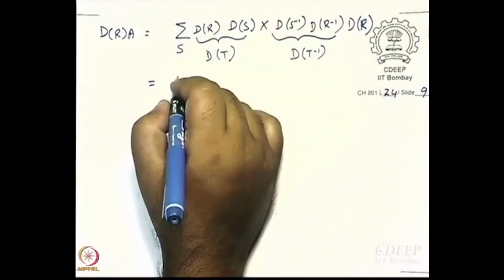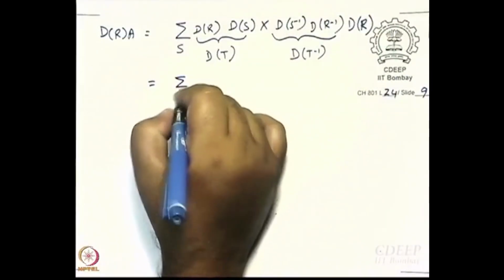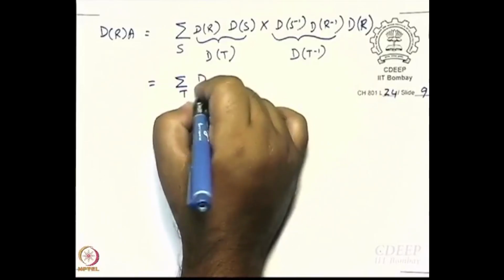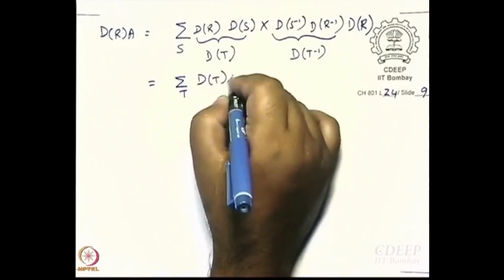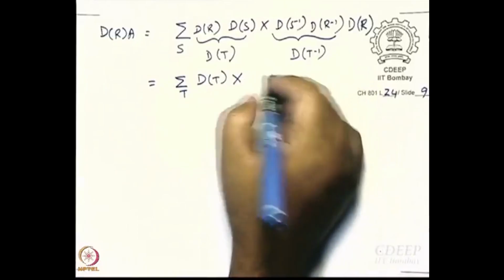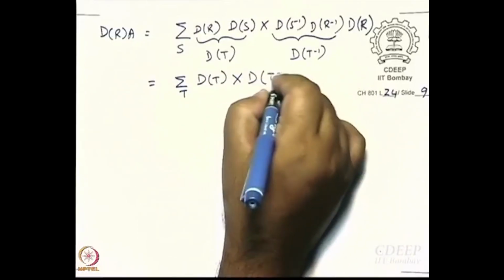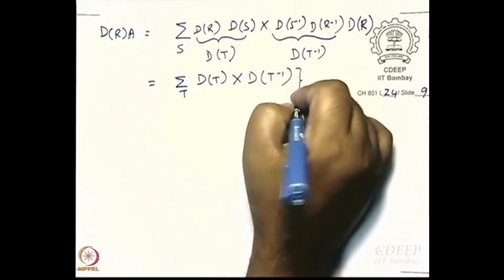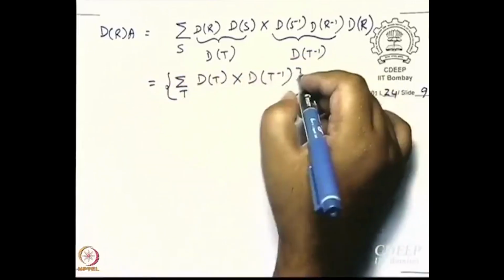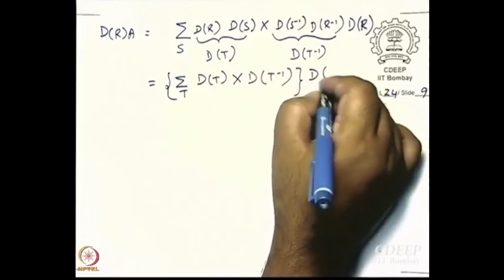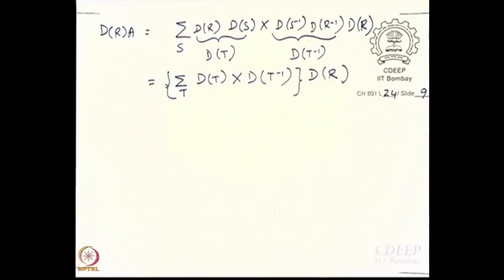So how do I write this now? I can write this as sum over T dt x dt inverse dr. Mehak, does this look familiar?